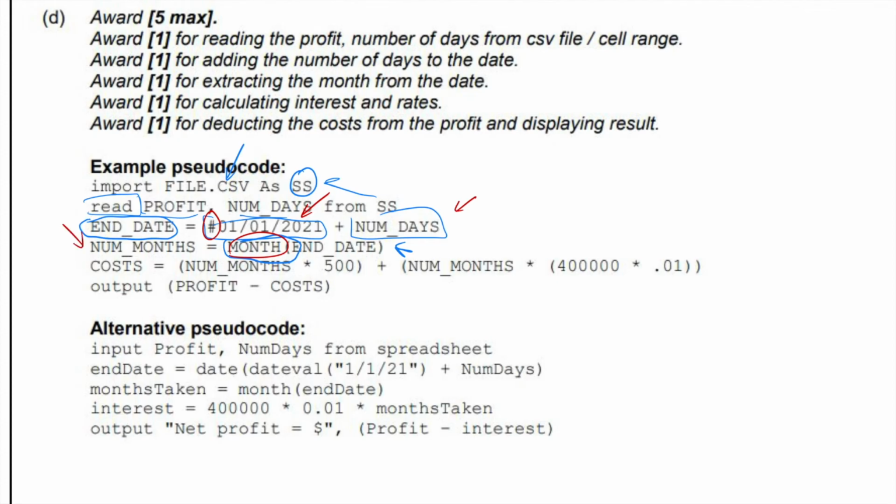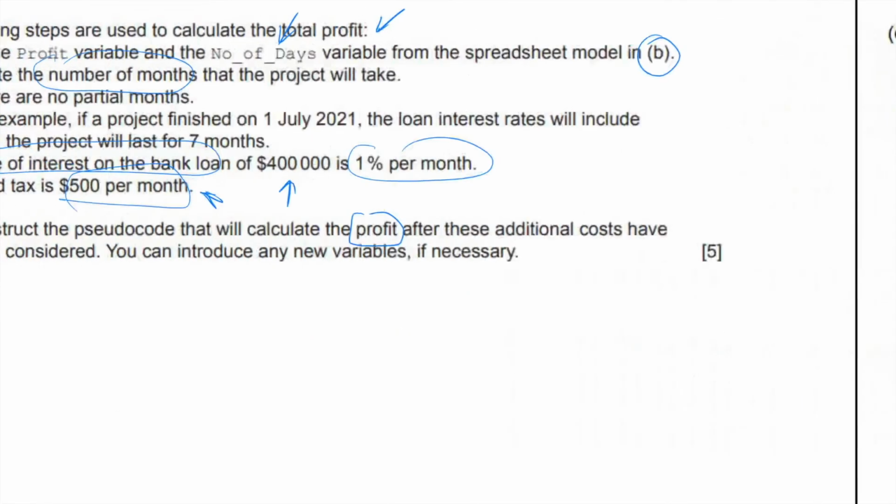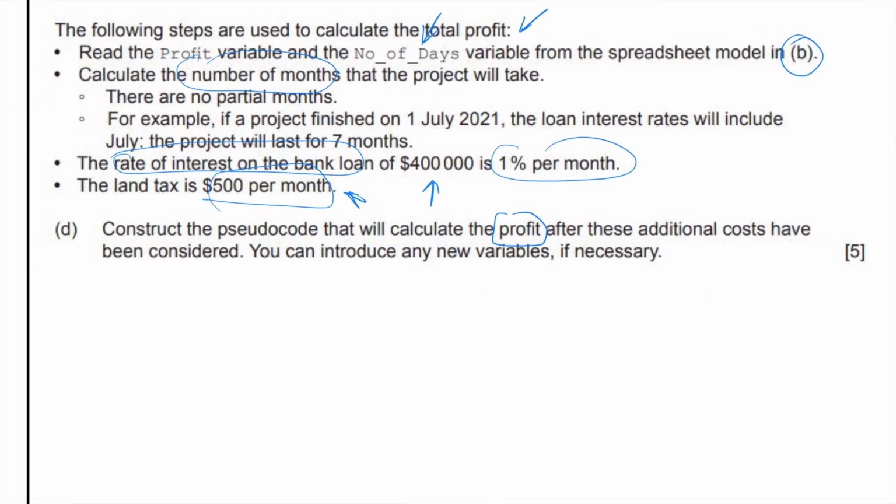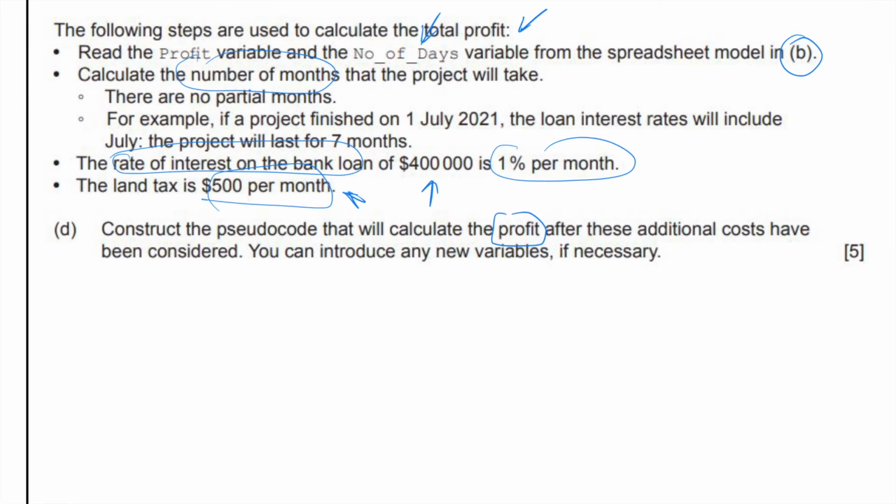And then we can calculate the costs. So number of months times 500, and this 500 is just the tax. And the number of months times 400,000 times 0.1. So actually, this is kind of weird. So let's go back and see what they told us about the actual loan. It says the rate of interest on the bank loan of $400,000 is 1% per month.